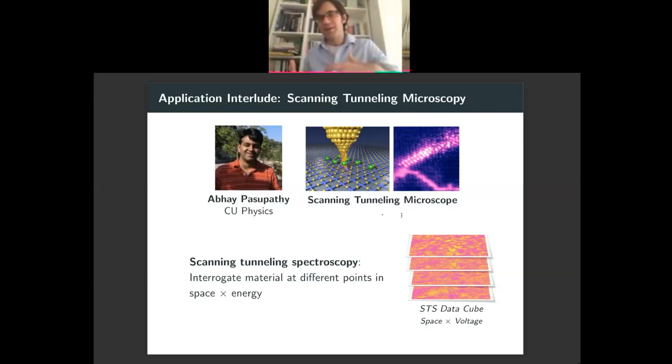To do so, I'm going to take this cube, again space cross voltage, so space cross energy, which tells me something about the quantum mechanical properties of the material.